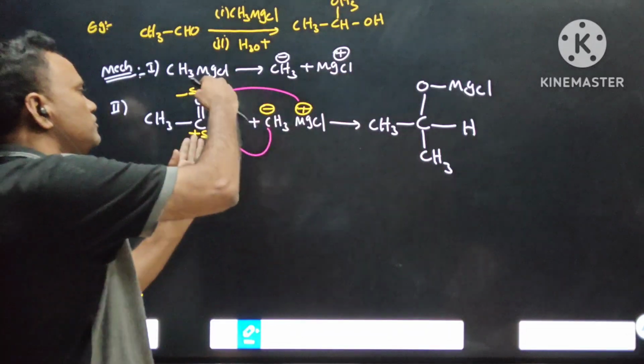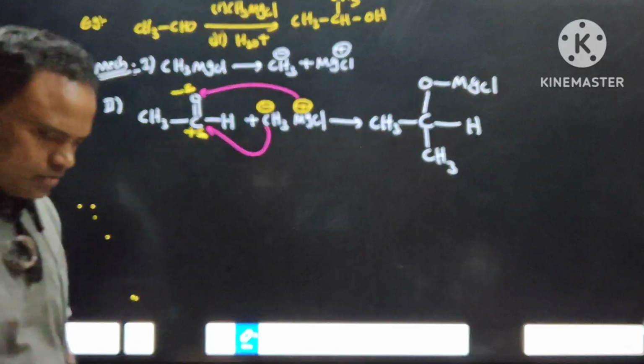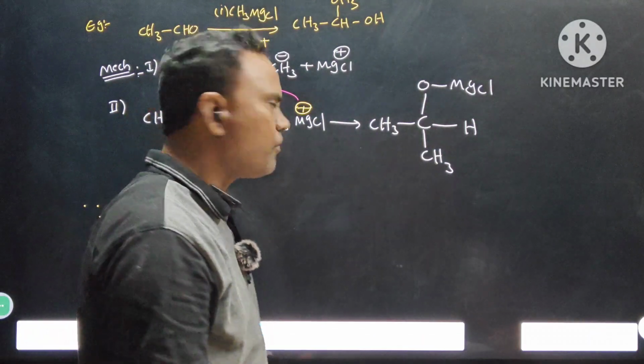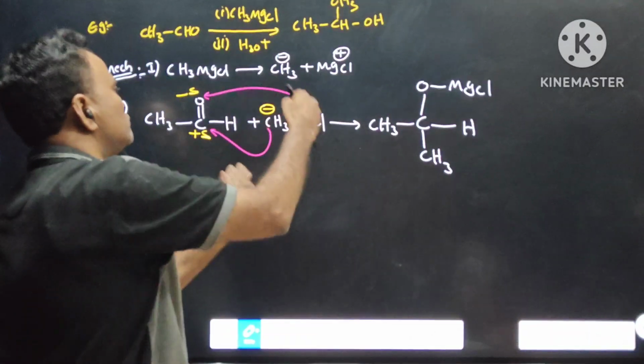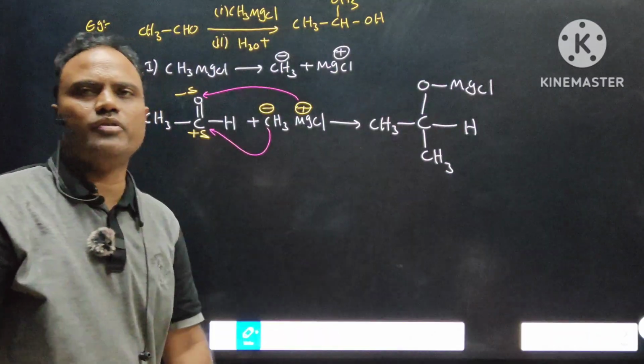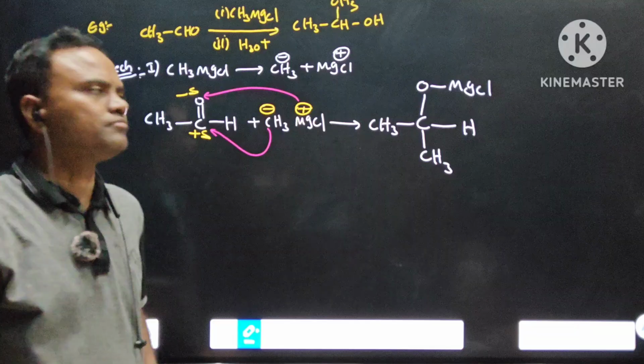During addition, the double bond will be converted to a single bond. Between carbon and oxygen a double bond is there, but you are adding 2 species, right? So the double bond will be converted to a single bond.